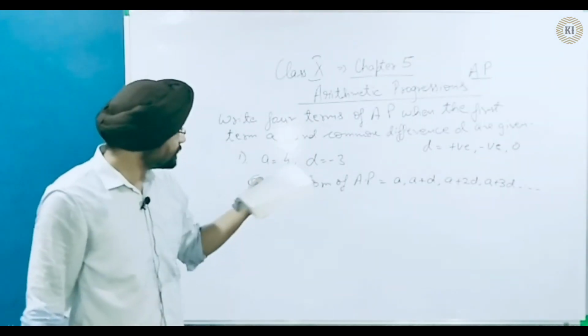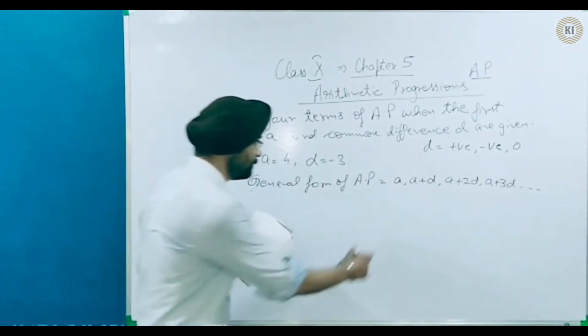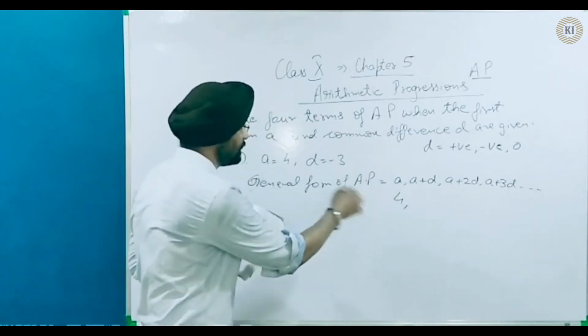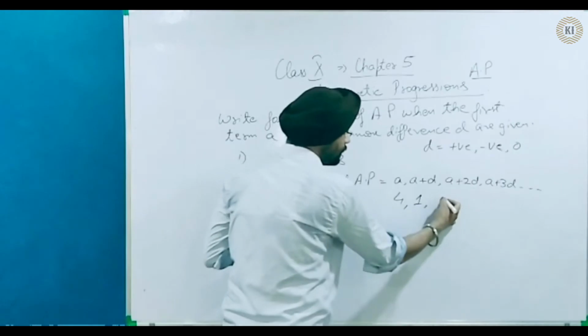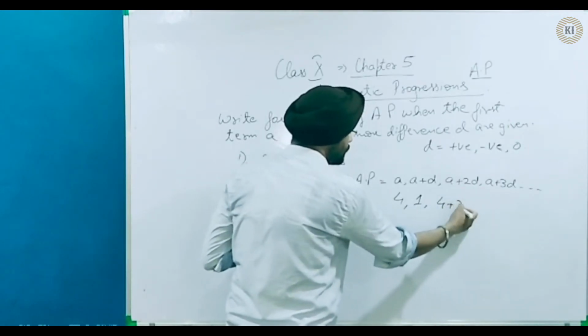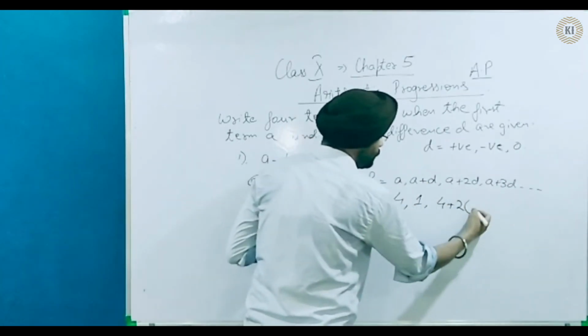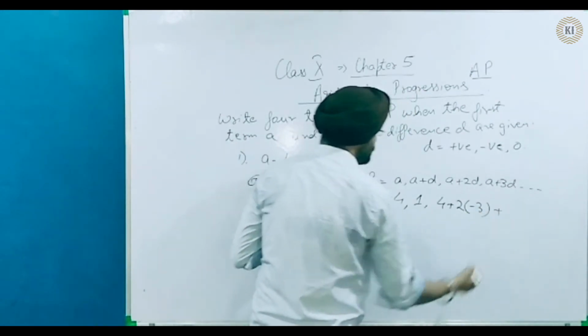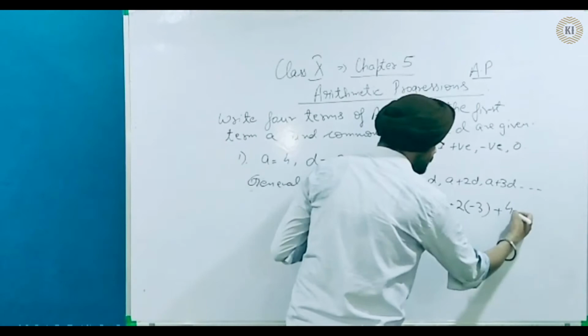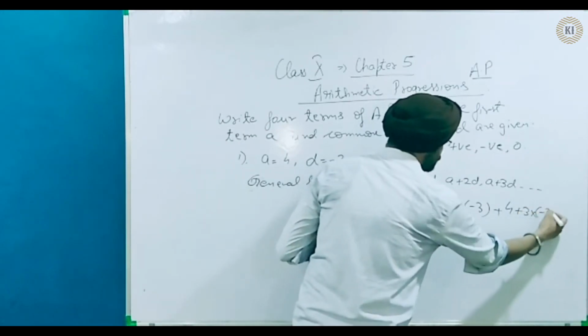So first, the value of A is 4. A plus D, 4 minus 3 will be 1. Then 4 plus 2 into D, that is 2 into minus 3. And the fourth one, A plus 3D, that is 4 plus 3 into minus 3.